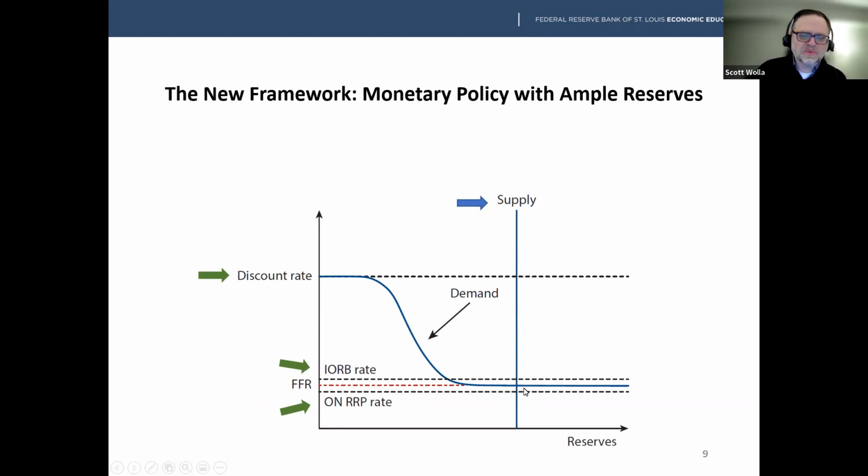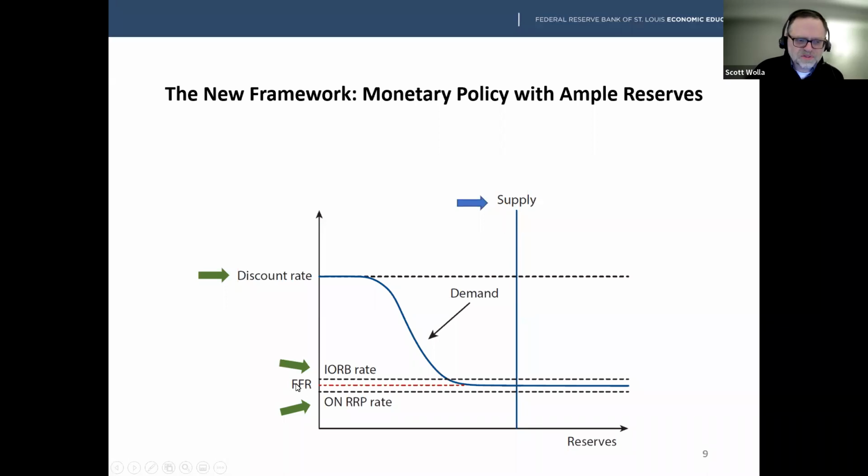But when we push the supply curve out here to the flat portion, we call it ample reserves. And the reason we want that supply curve to stay in the flat portion is so that we can shift supply back and forth as needed without it influencing the federal funds rate, okay?